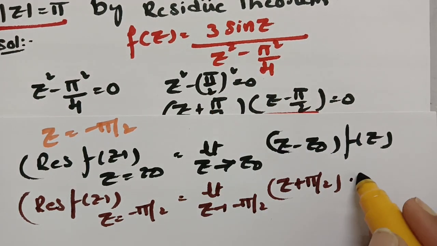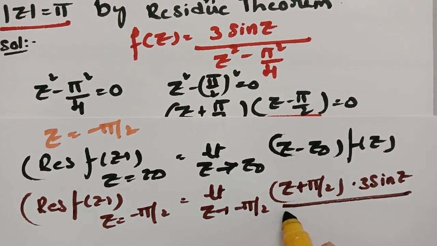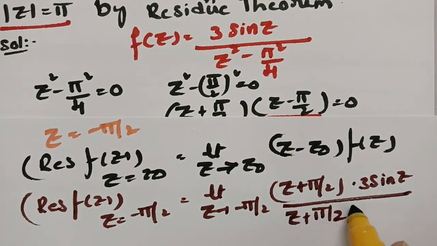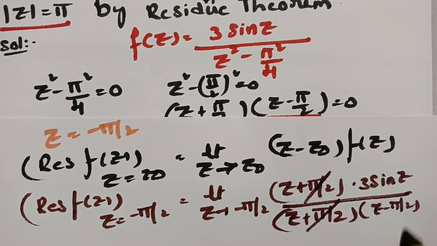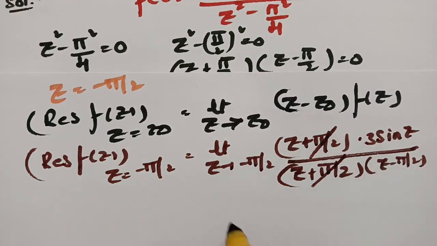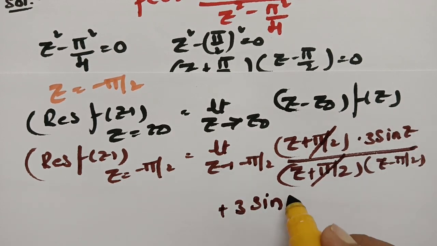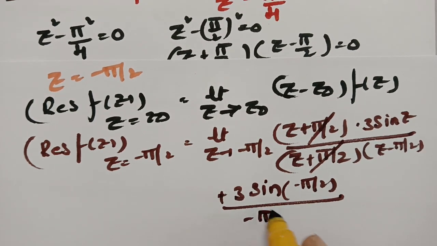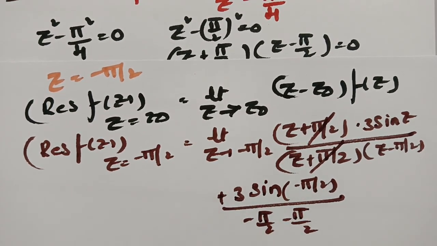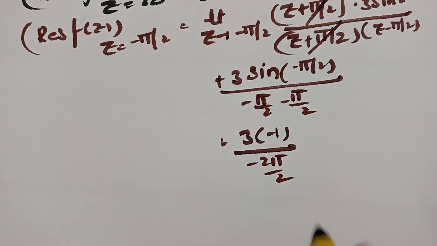So f(z) is nothing but 3 sin z by, writing (a + b)(a − b), (z + π/2)(z − π/2). If I cancel these two and substitute −π/2 in place of z, this will be 3 into −1 by (−π/2 − π/2), which is −π.